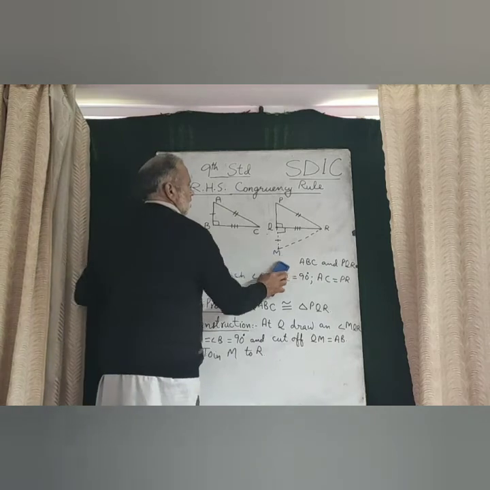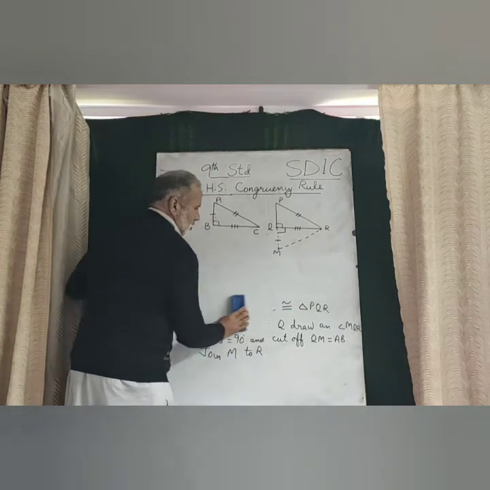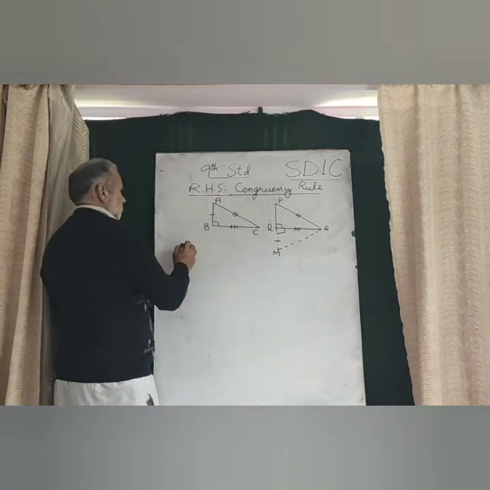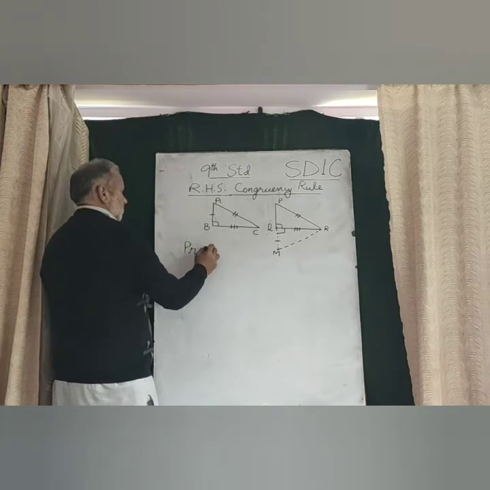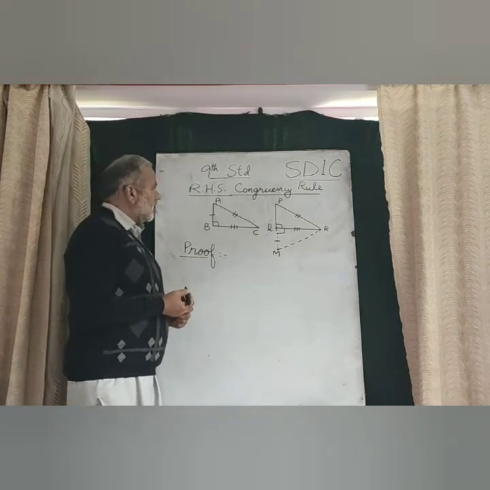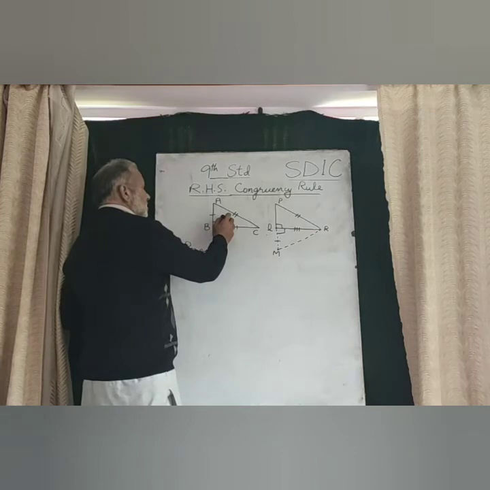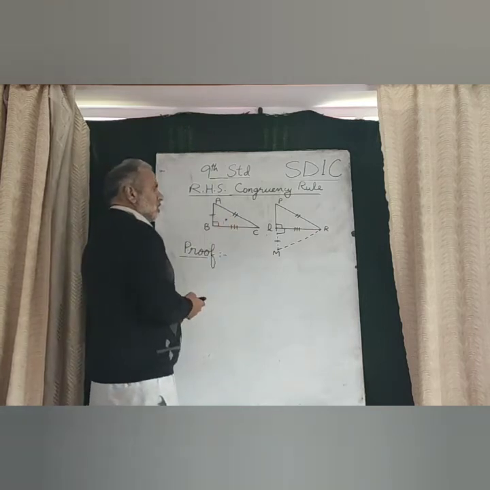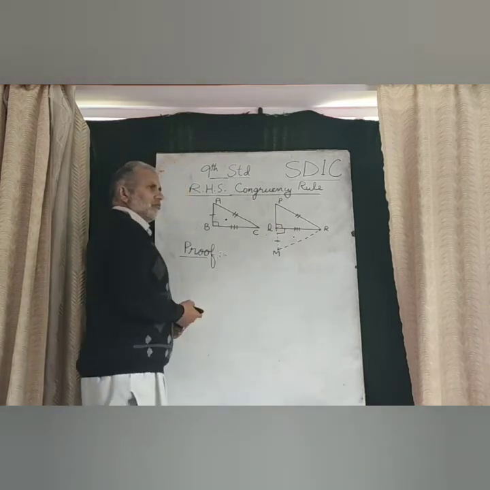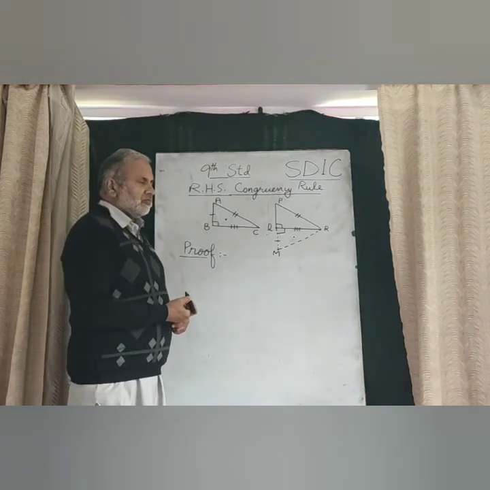Now let us write the proof of this. For the proof of this, we have a similar procedure as we did in the previous case. We'll consider the two triangles, this left side triangle, the first one, original one, and the one which is formed at the lower side as we did in the previous case. These two triangles you can prove congruent.